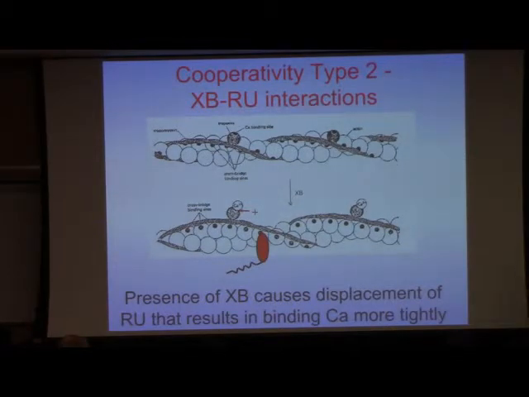There's another piece of this, which is when cross bridges bind, they increase the affinity of troponin for calcium. So this is like a positive feedback mechanism. Calcium binds, we turn the system on, but once the cross bridges bind, we get even stronger binding here. And as I was saying, this picture doesn't illustrate it very well, but if you look at some of the earlier ones, the binding cross bridges actually move tropomyosin to a slightly different position.